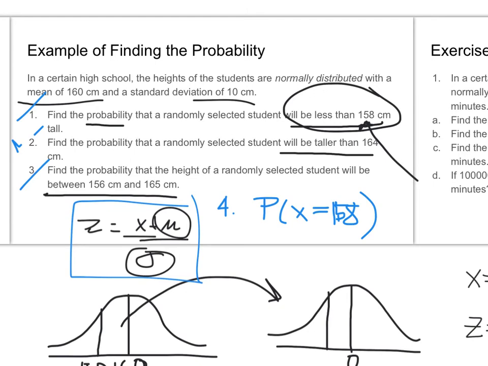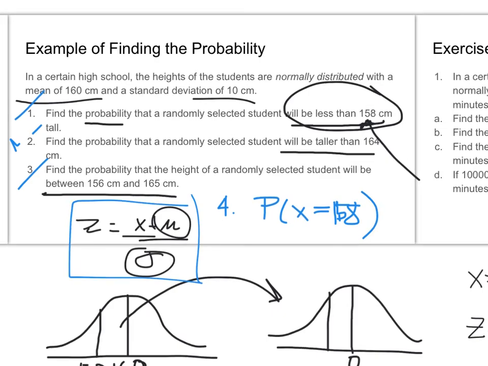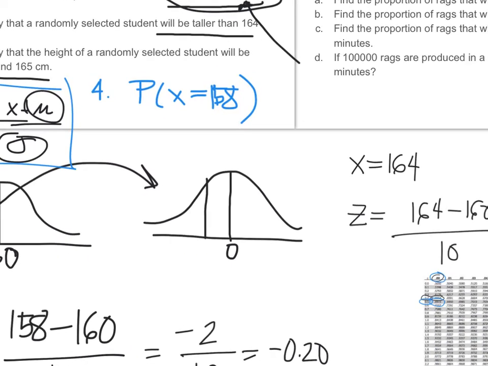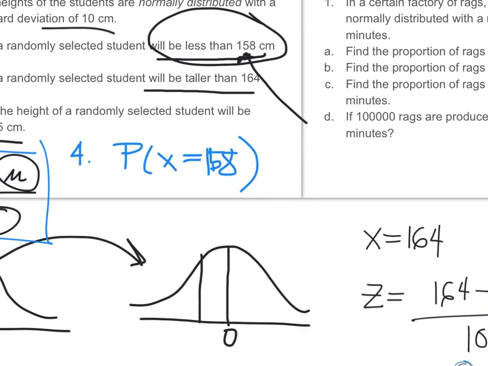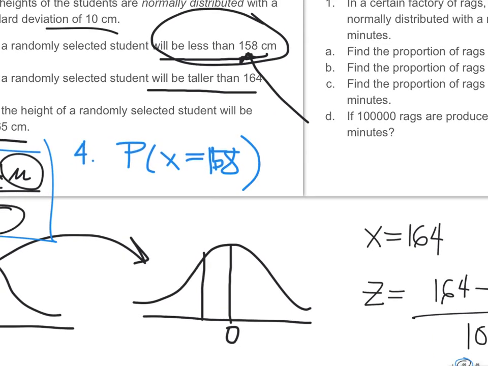So setting an x equal to a certain number will just give you the line at 158 on the graph. So there is no area that you can find if you're just given a line. So to answer the question, what is the probability that the height of the student will be equal to 158, you simply say the probability is equal to 0.